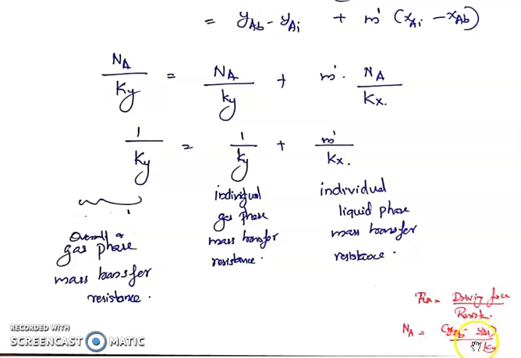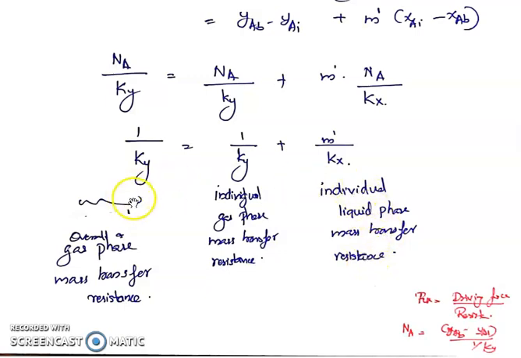So the quantity present in the denominator is 1 by ky, and that is the resistance offered for mass transfer across the concentration difference YAB minus YAI. So I can say 1 by ky is the individual gas phase mass transfer resistance, or resistance in gas film. Similarly, m dash by Kx is the resistance offered in the liquid film, or individual liquid phase mass transfer resistance.